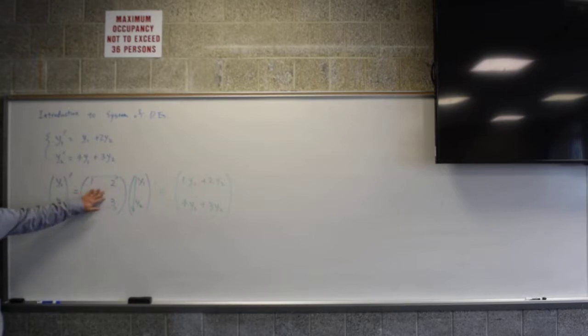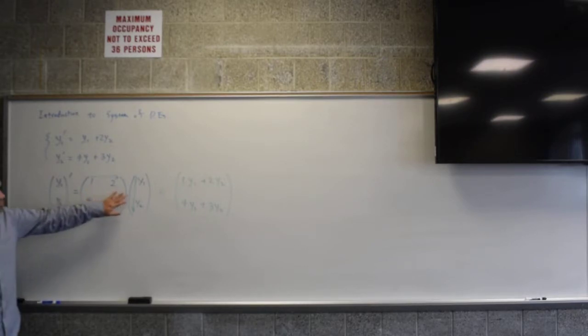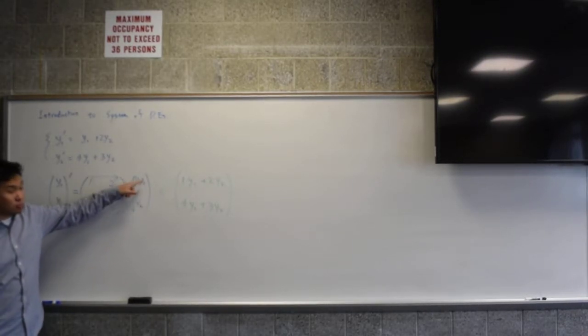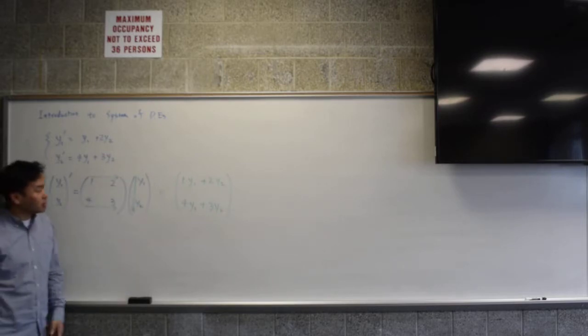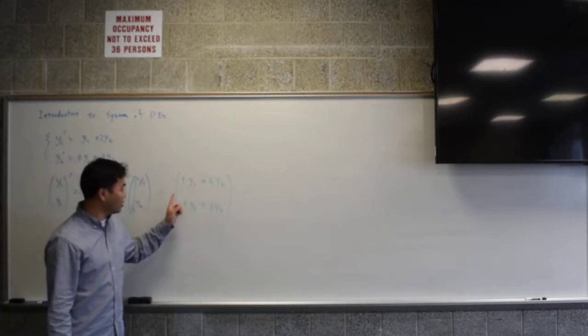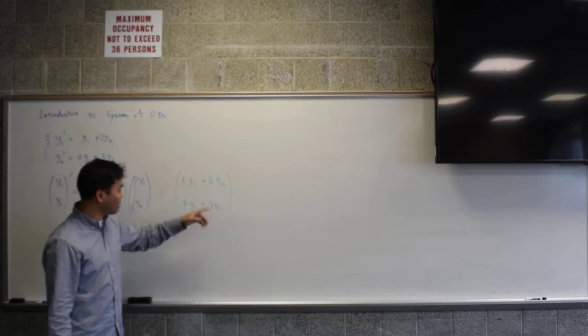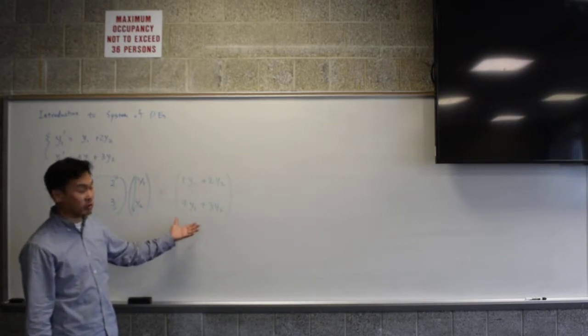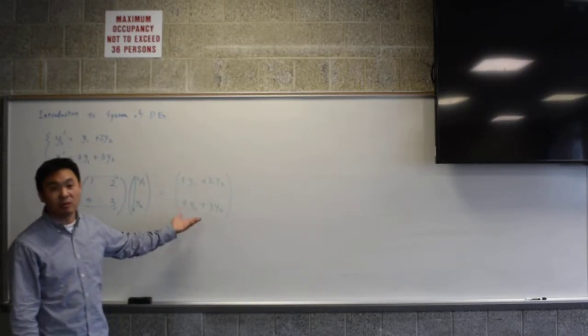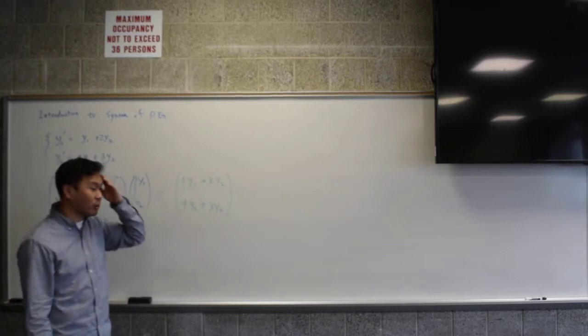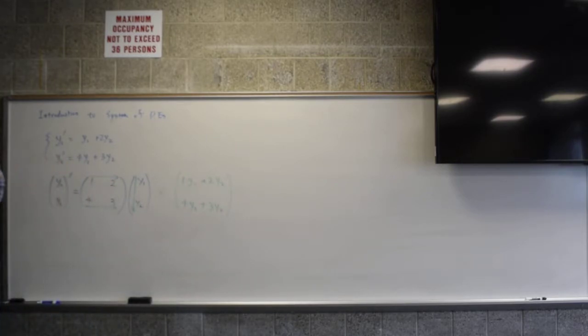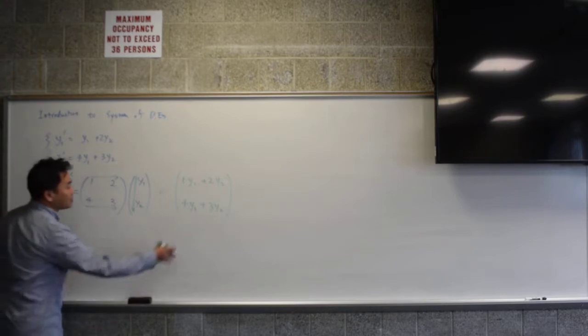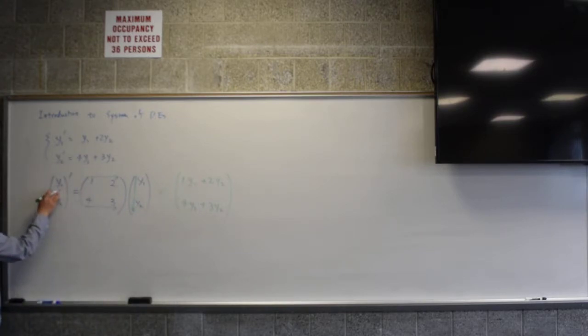You call this a 2 by 2 matrix. This is called a 2 by 1 matrix because it has 2 rows and 1 column. This is also 2 rows and 1 column, so it's a 2 by 1 matrix. And this matrix is another way of writing y1 prime and y2 prime.